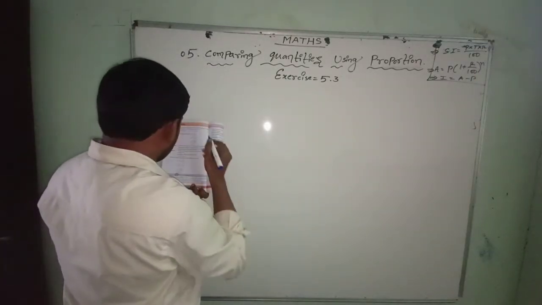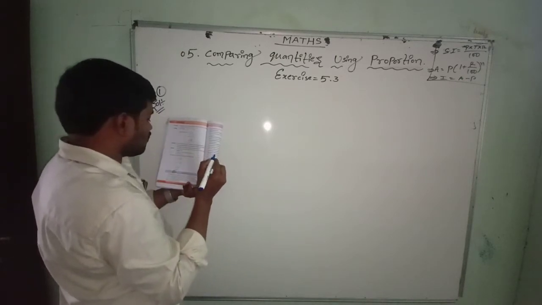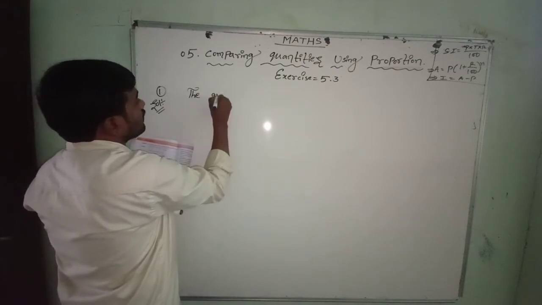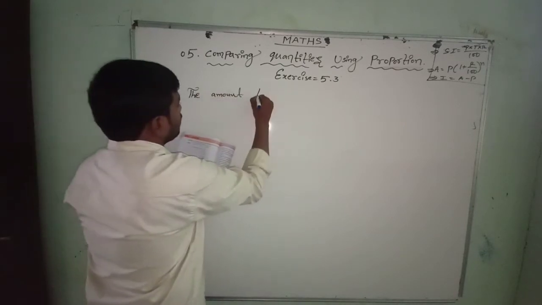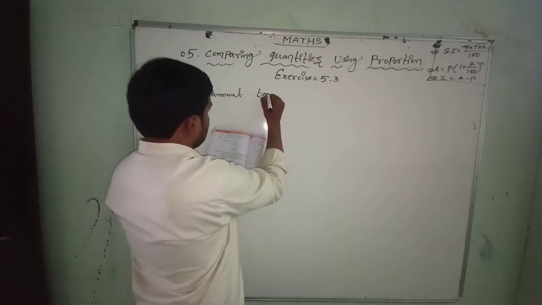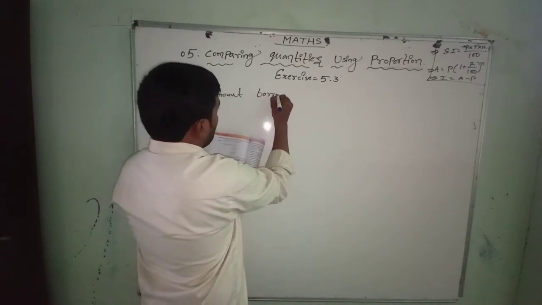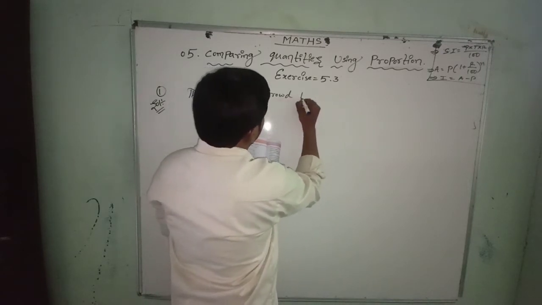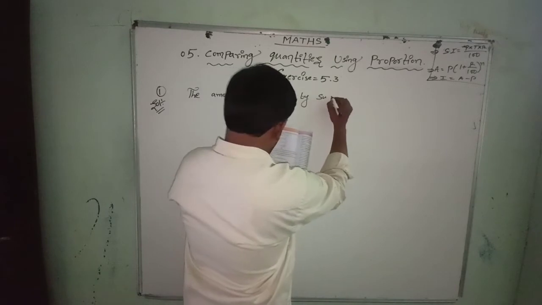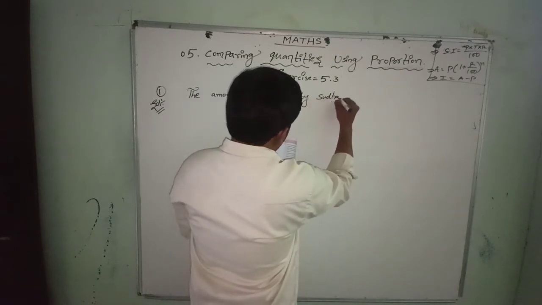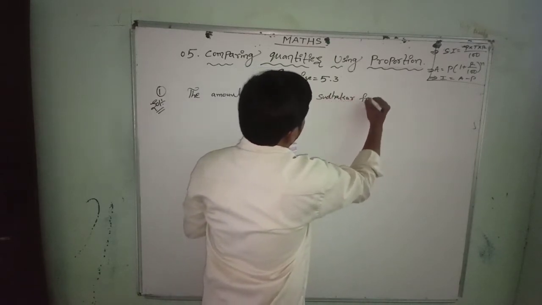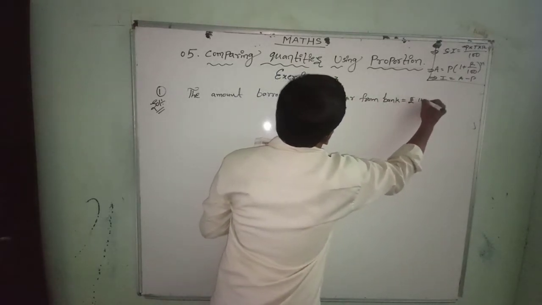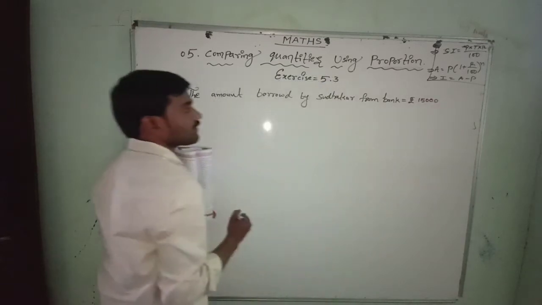The amount borrowed by Sudhakar from the bank equals rupees 15,000.